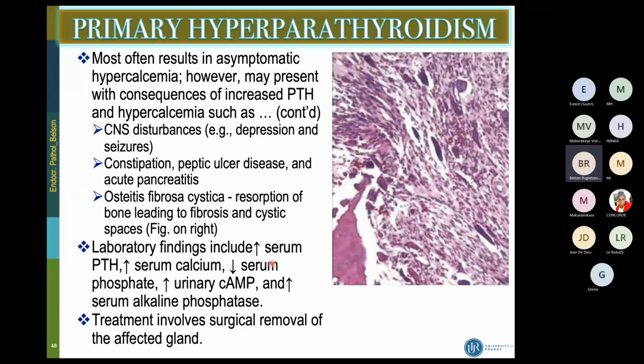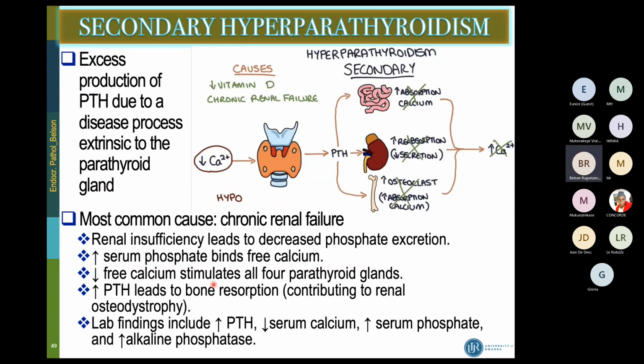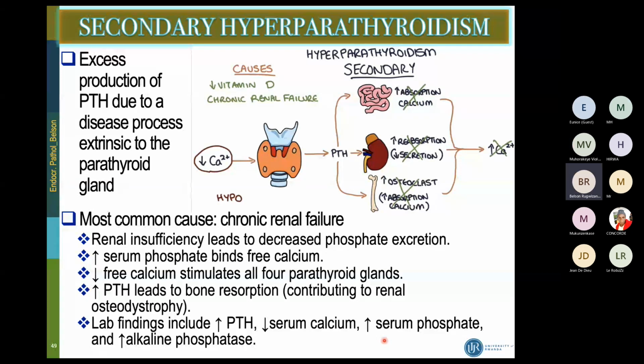In primary hyperparathyroidism, both calcium and PTH are increased and serum phosphate is decreased. So what they have in common is increased PTH, while the calcium here is decreased and in primary it is increased, and the serum phosphate here is increased while in primary it is decreased. Alkaline phosphatase is increased in both. So the difference resides in the calcium and the serum phosphate.